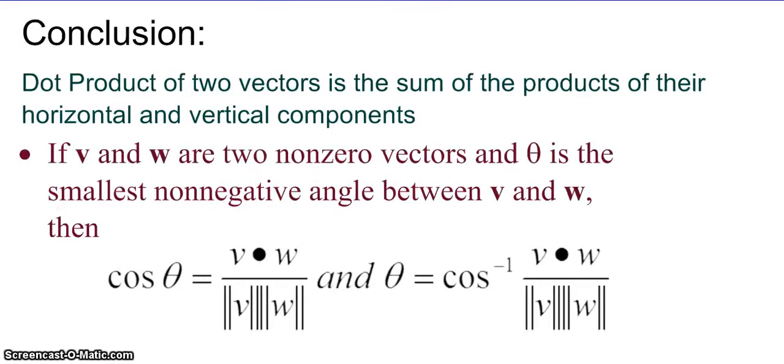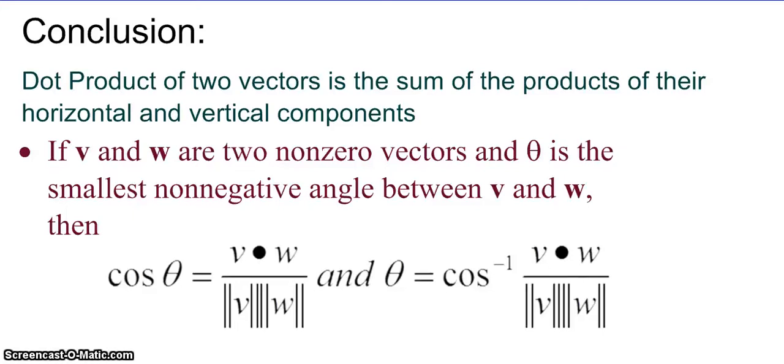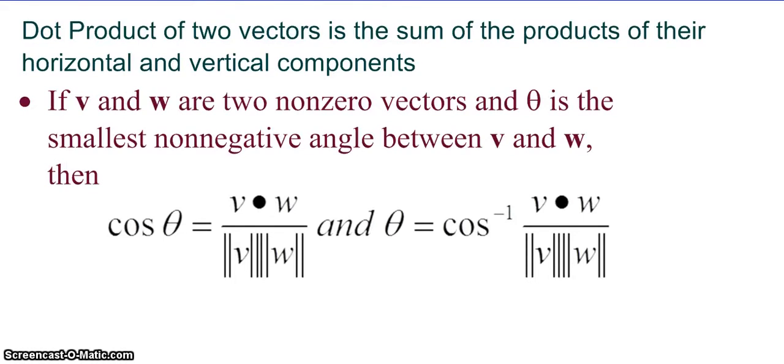Okay, not too bad. The dot product of two vectors is the sum of the products of their horizontal and vertical components. So you need to recognize that. You need to know that the dot product is a scalar, so it should be a number. And then we can also use this equation to help us find the angle between two vectors.